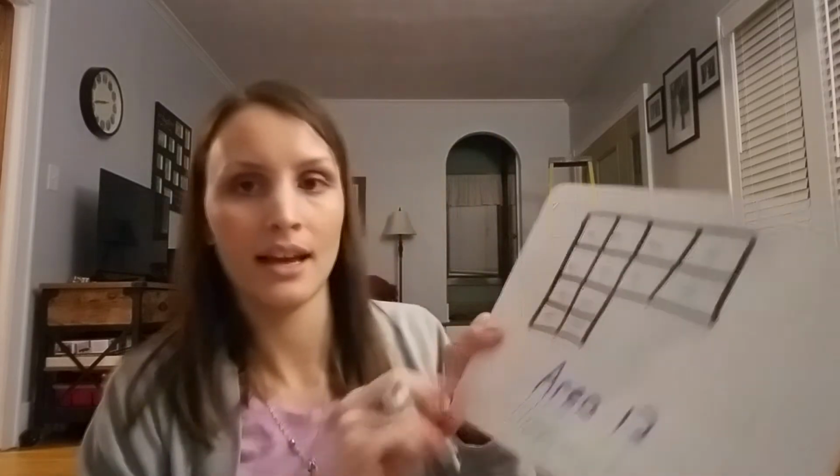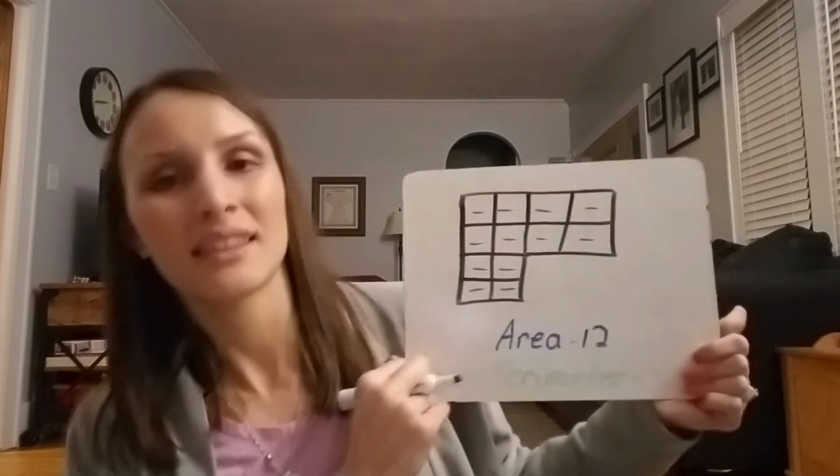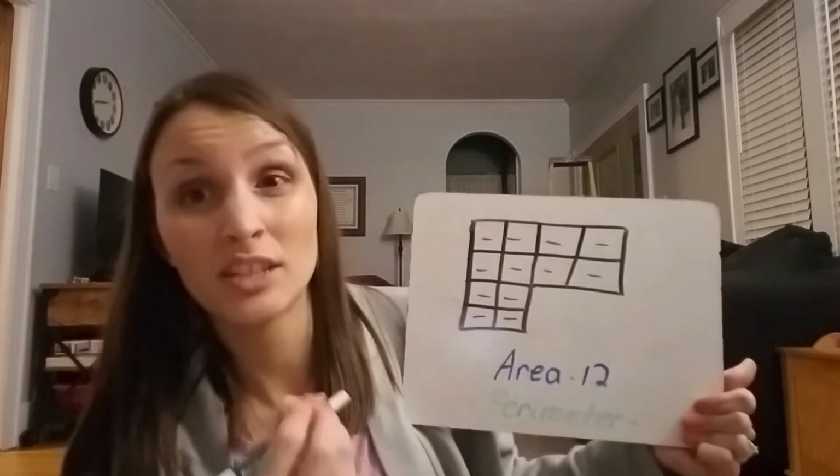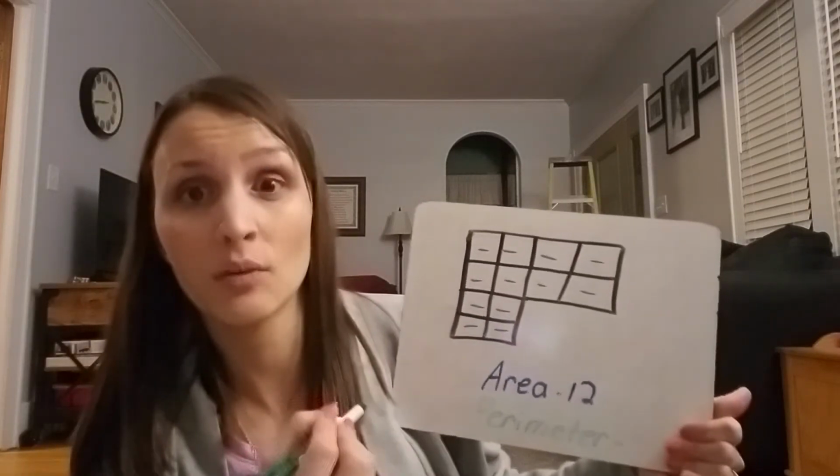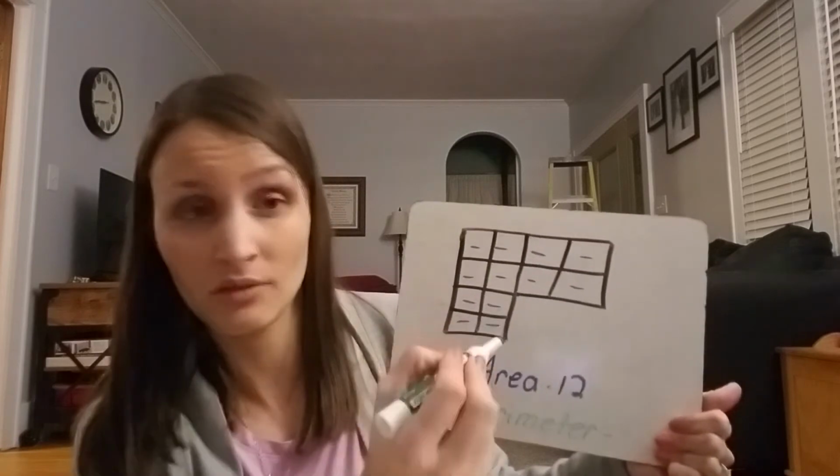All right, now I'm going to switch to a different color marker to show you perimeter. Now perimeter, remember, is going around the outside. So instead of counting the boxes on the inside, I want to go around the outside. And the easiest way to do this is to actually trace the lines. That way you don't forget where you started and you make sure you don't skip any.